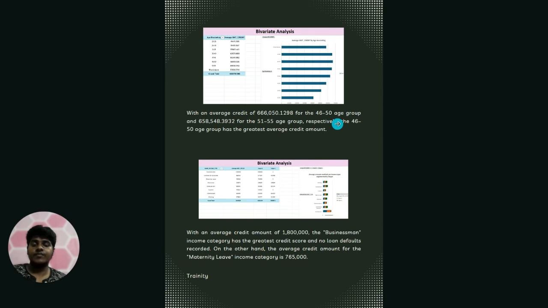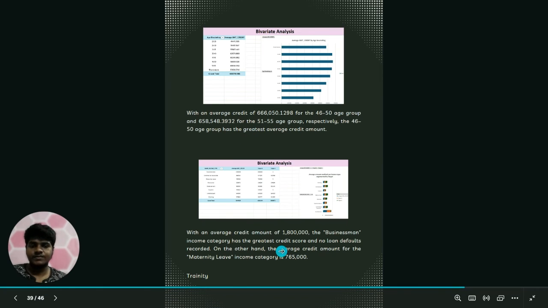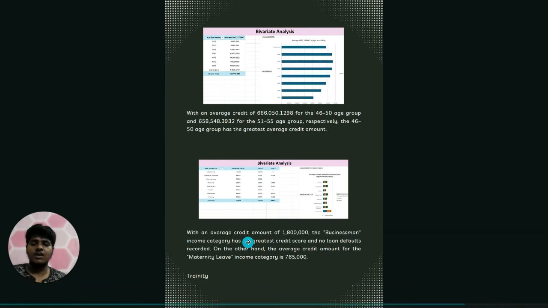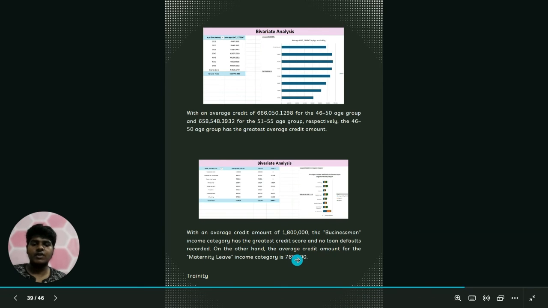The 46 to 50 age group has the average credit amount of 6,66,000, whereas the 51 to 55 age group has the second highest average credit amount. When it comes to the income category, businessman has the highest average credit amount, followed by maternity leave.